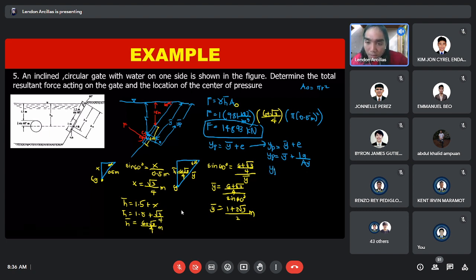So check nyo lang, that is pi over 4, pi r4 over 4. Yun yung formula nun. The IG of a circle, pi r4 over 4 over area is y bar. Okay, this is the IG of the circle.